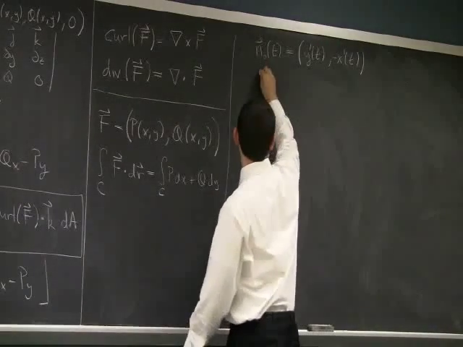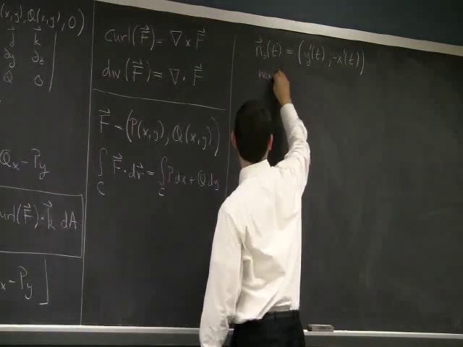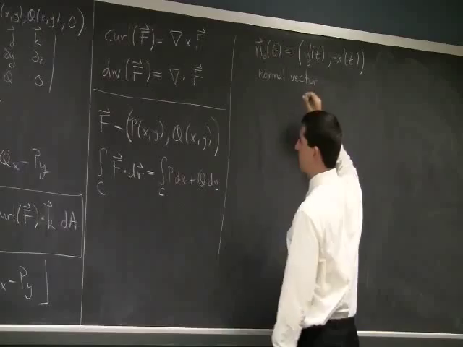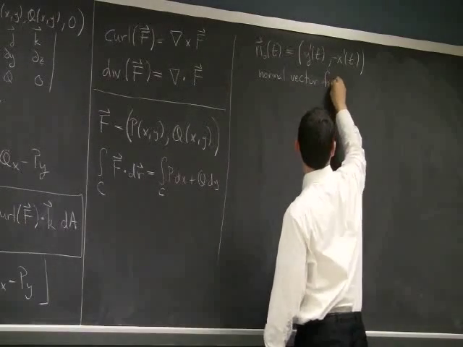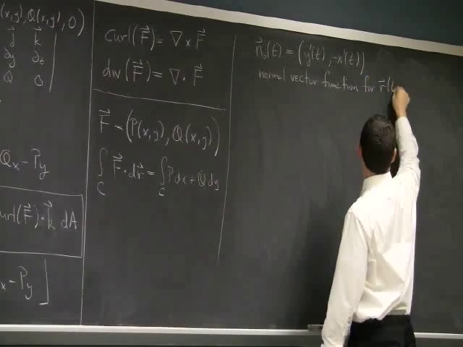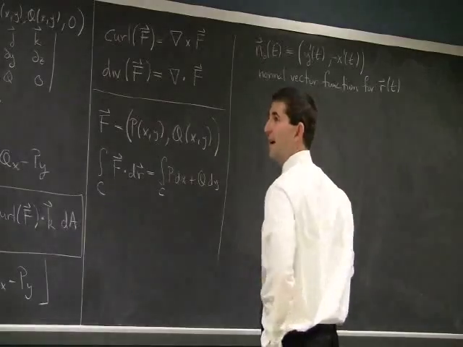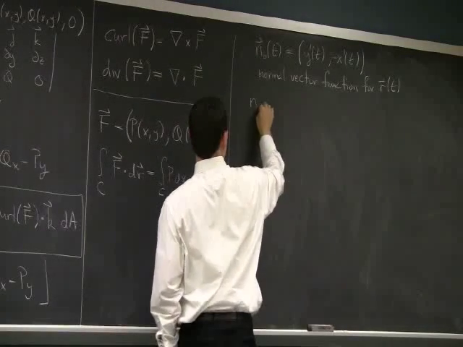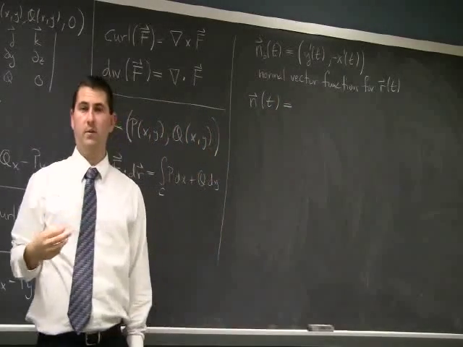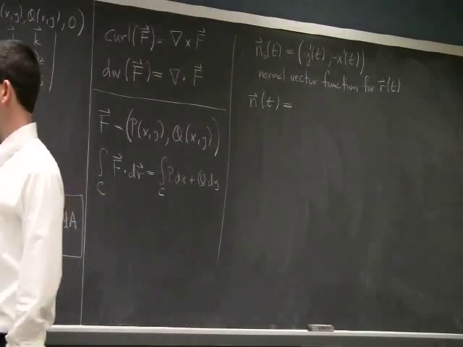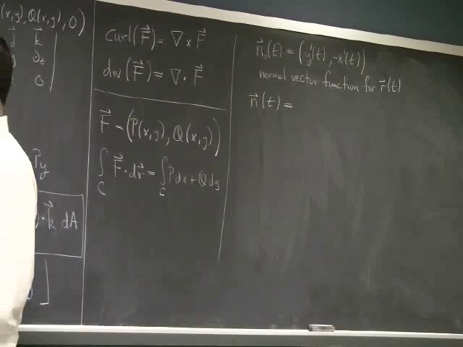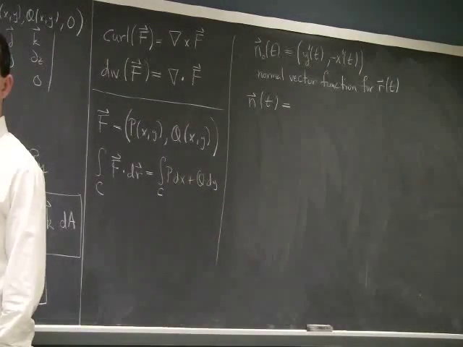So this you can call the normal vector function. Oops. I made a vector function. And then, of course, what we'll be interested in is the unit normal vector function. The T naught is the tangent vector function, and the unit tangent vector function is the T. So it's on top of it.